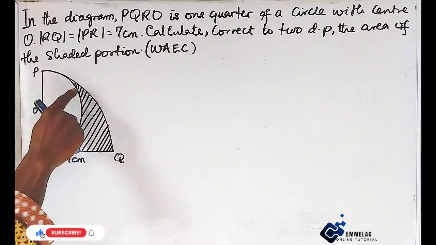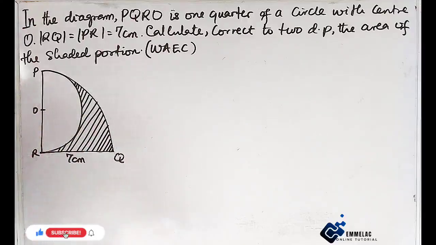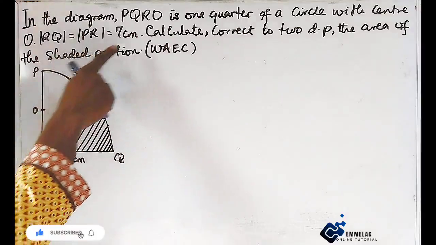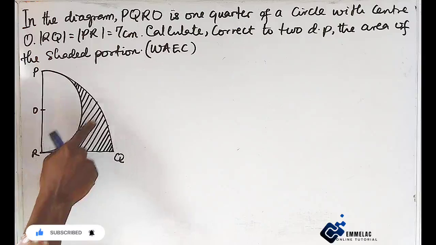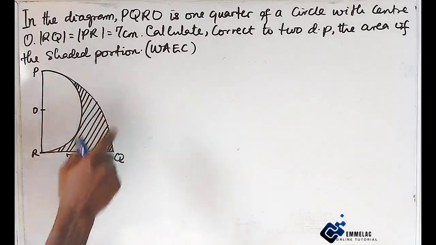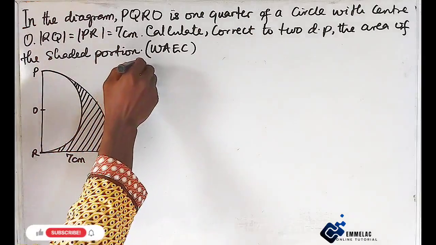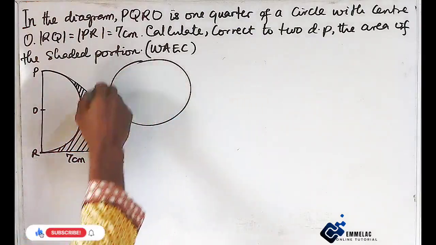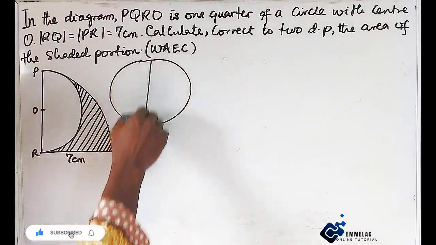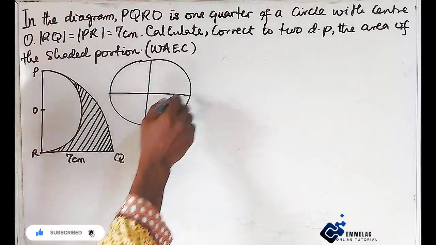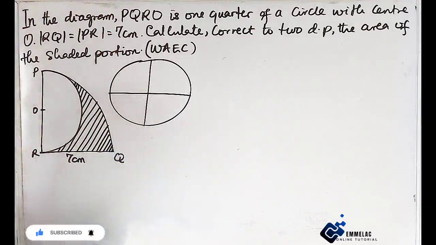Now let us quickly interpret this question. PQRO, that's the whole of the shape itself, is a quarter of a circle. Let us recall that this is a circle, and for us to share it into 4, this is it.